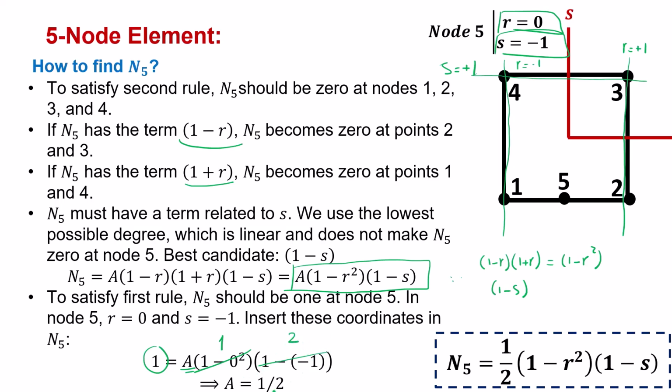So this gives a equals 1 over 2. So the final expression for node 5 shape function is n5 equals 1 over 2 times 1 minus r squared times 1 minus s. This satisfies both rules. It equals 1 at node 5 and 0 at all other nodes.